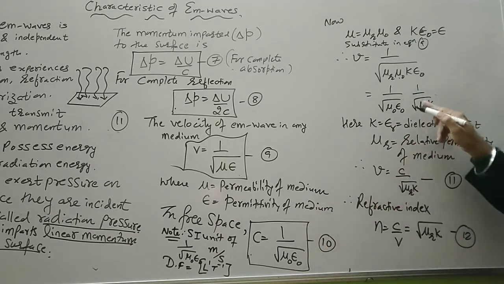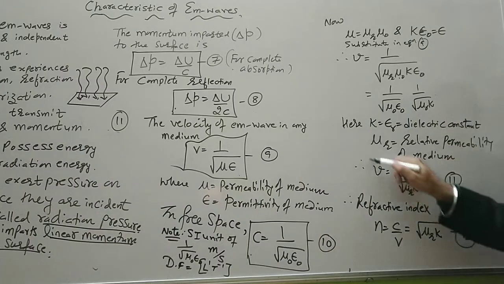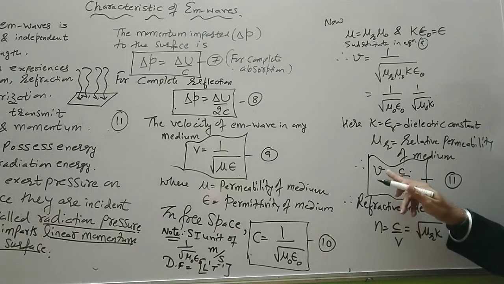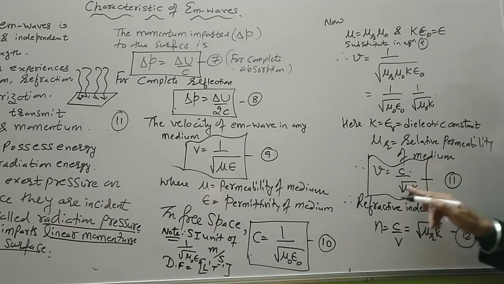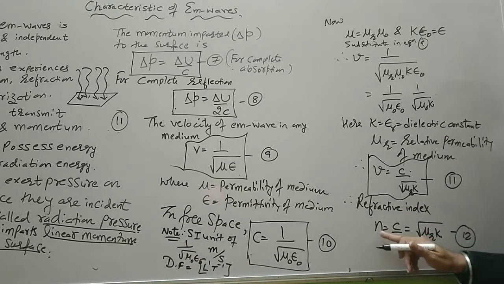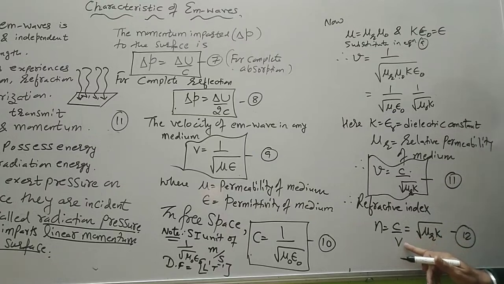So we substitute this value as C, and we have another relation where the speed of electromagnetic wave is equal to C upon under root mu r K. Now this relation is derived to define the refractive index. Refractive index is equal to C by V, that we have studied in optics.